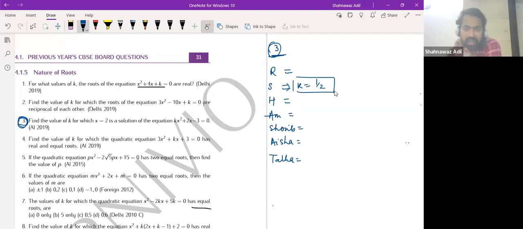And what about everyone else? So if x equals 2, this is the crucial information. x equals 2 is a solution, right? This is the only crucial information.